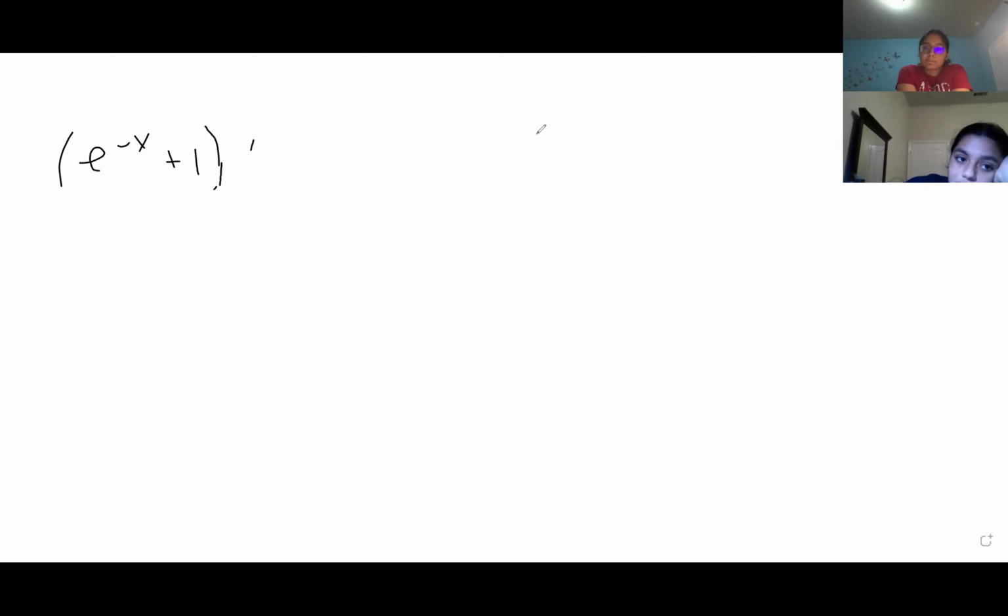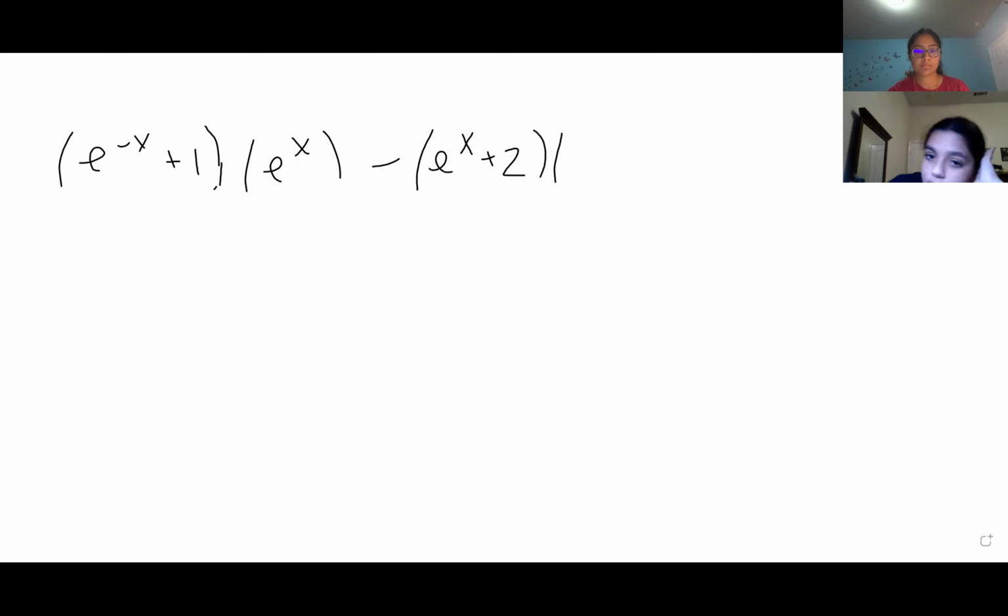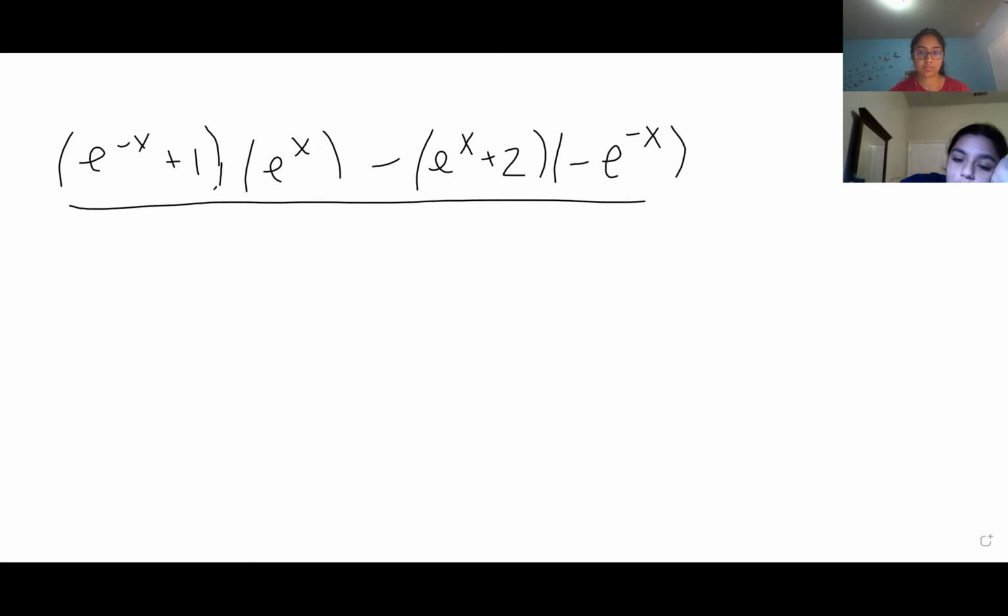Times e to the x plus, minus e to the x plus 2 times negative e to the negative x, over e to the negative x plus 1 squared. Okay, so you got here.